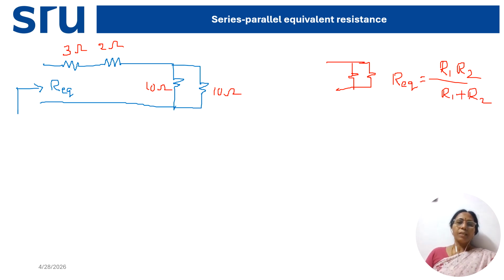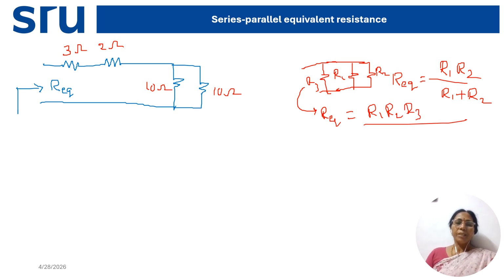If R1 and R2 are in parallel. Now, if three elements R1, R2, R3 are connected in parallel, then what is R equivalent? We have to write like this: R1 R2 R3 divided by R1 R2 plus R2 R3 plus R3 R1.